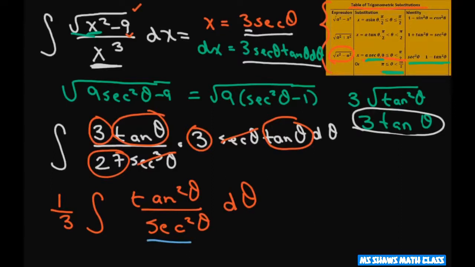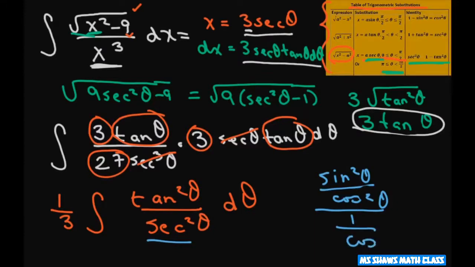This is sine squared over cosine squared divided by 1 divided by cosine squared theta. So these two cancel and you just get sine squared. So we're left with 1/3 the integral of sine squared theta d theta.